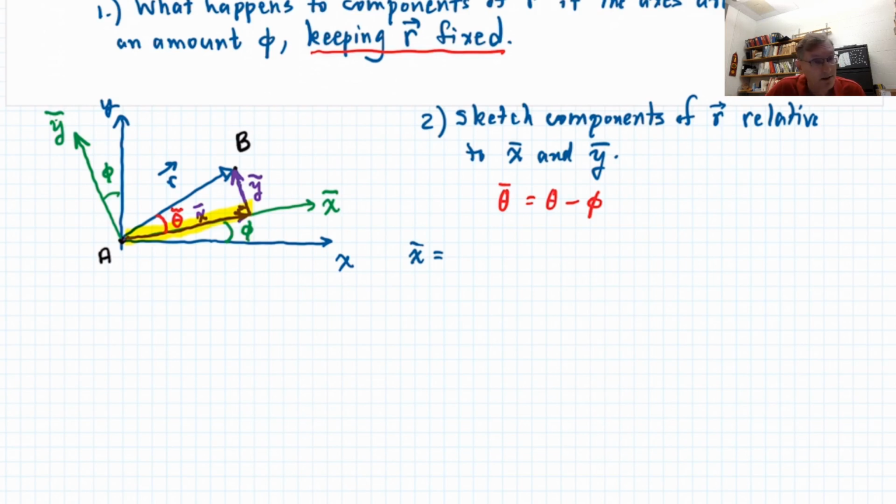That's a right triangle. We can still do right triangle trig. And the component x bar is hypotenuse, magnitude of r, cosine theta bar. But don't forget that theta bar is theta minus phi. So let's plug that in. R magnitude cosine of theta minus phi.